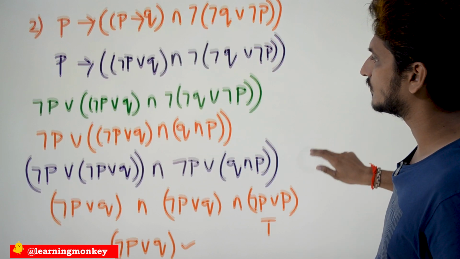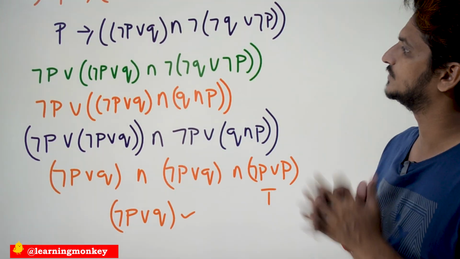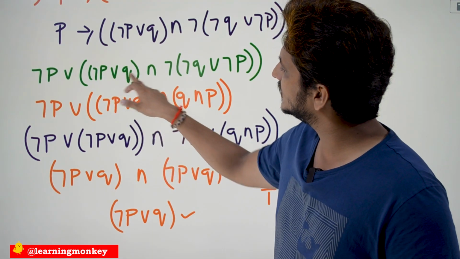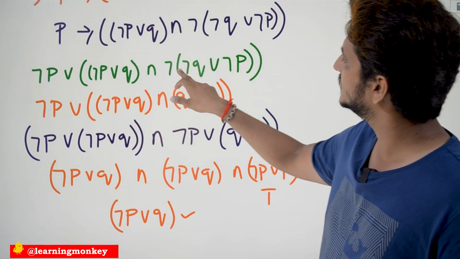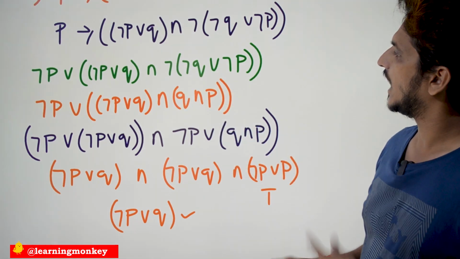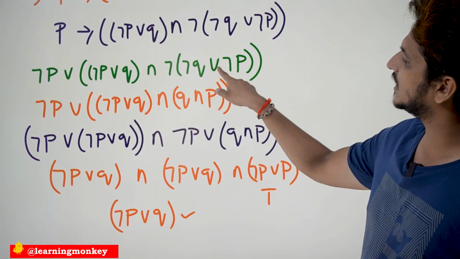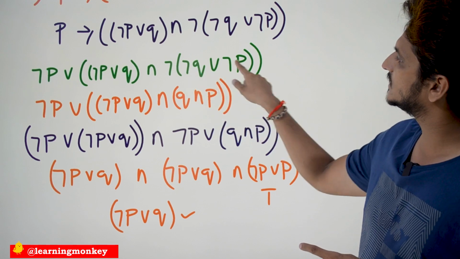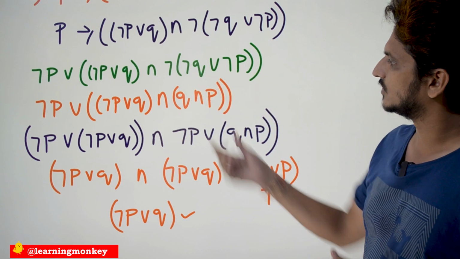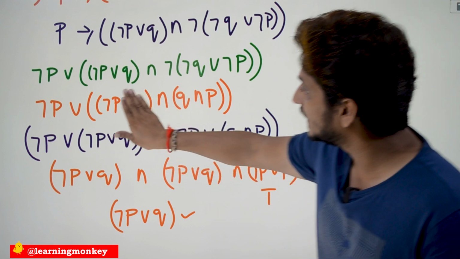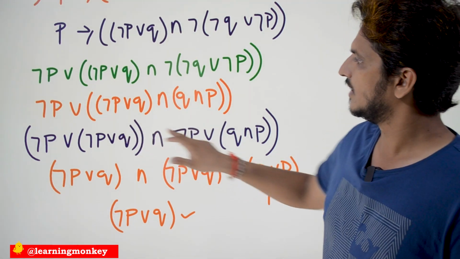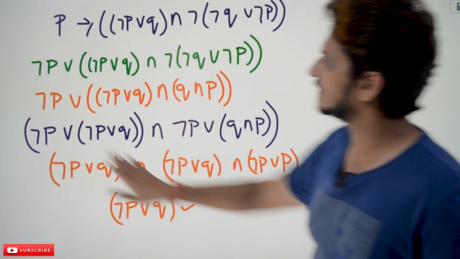Okay, now we have to convert this into product of sums. In which way can we do that? Negation P, disjunction Q, conjunction, negation. Take this negation inside and apply De Morgan's law. This disjunction is converted into conjunction, negation of negation. So this is what we got. You can apply the distributive law here.